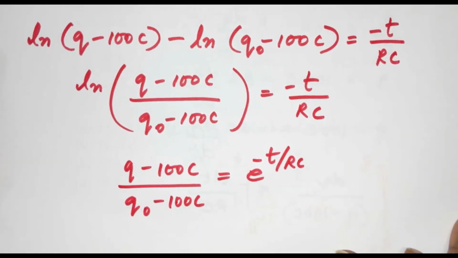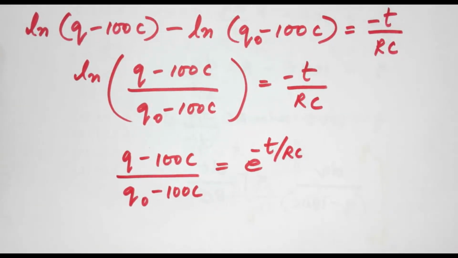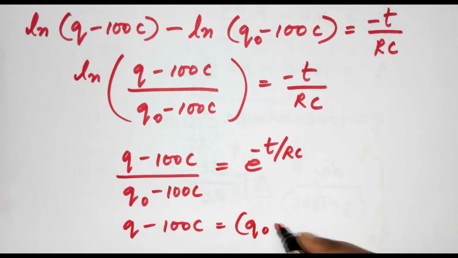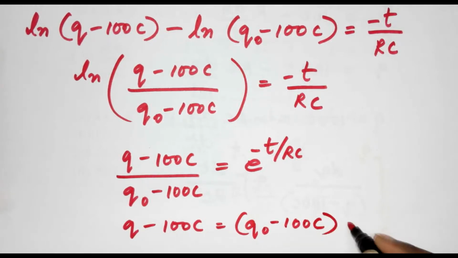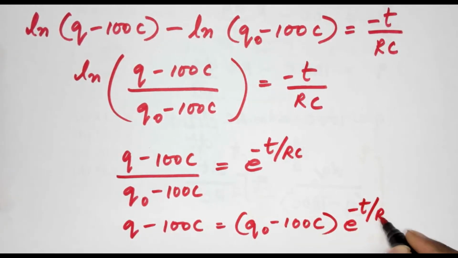So Q minus 100C is equal to Q0 minus 100C times e power minus t by RC.